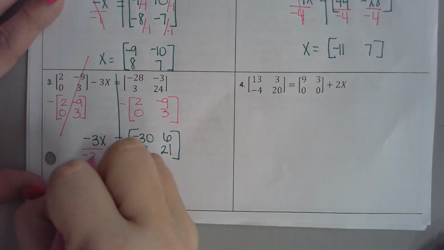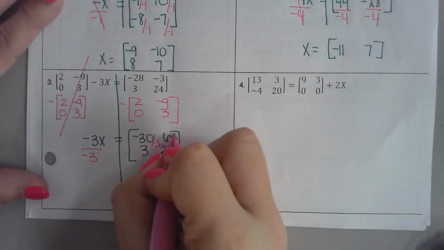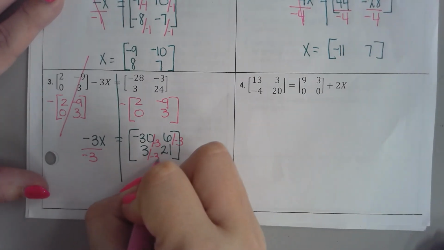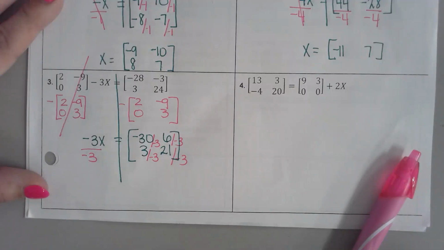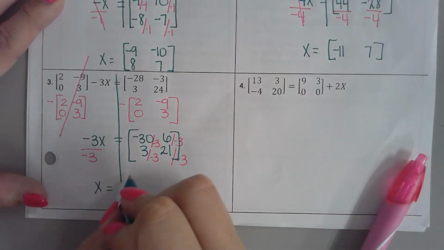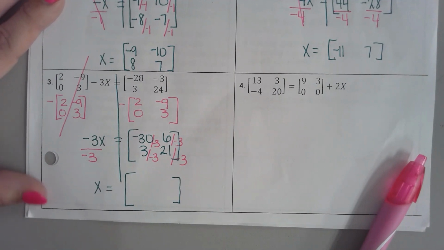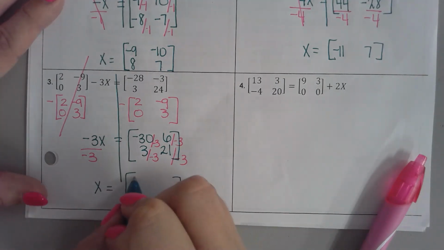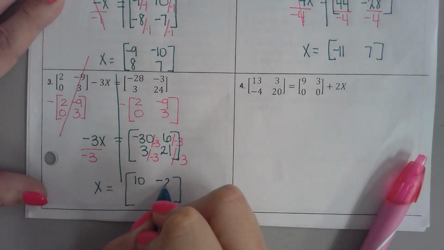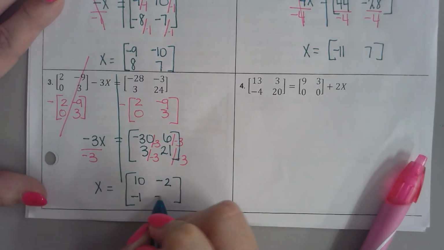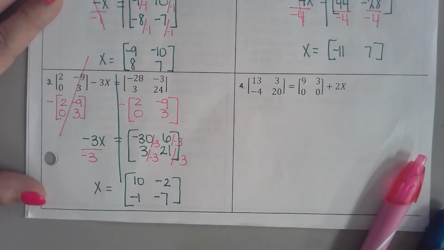Divide by negative 3. So you get 10, negative 2, negative 1, and negative 7.